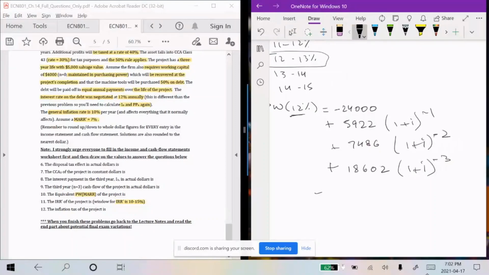So now we substitute I as 12%, which is our guess. What we get is minus 24,000 plus 5922 times 1.12 to the power minus 1, plus 7486 times 1.12 to the power minus 2, plus 18,602 times 1.12 to the power minus 3.